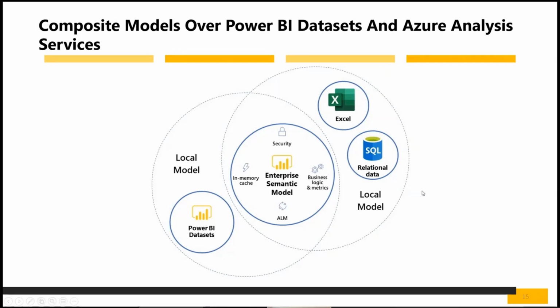Here you can see in the middle, the enterprise semantic model is there, and when we are getting that model into Power BI, we are converting that model into the local model, and we can combine other data sets, which could be a Power BI data set or relational data or Excel or any other data. So that is the composite model. Sorry, this is the new feature.